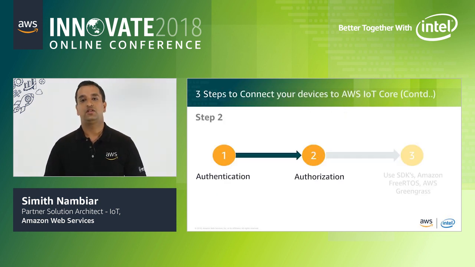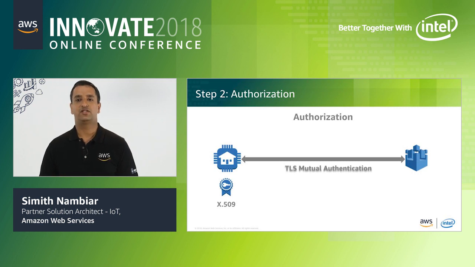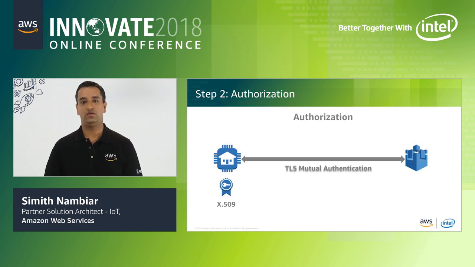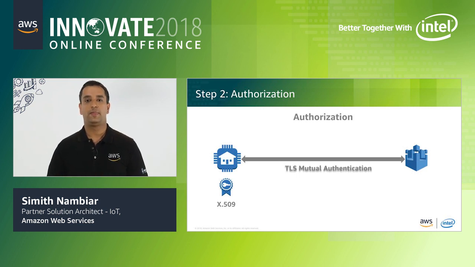The next step is authorization. Once the thing or device has authenticated, it has essentially proved its identity to the AWS IoT platform. Now, a TLS secure transport has been established in the process. The next step would be to use MQTT to connect to the AWS IoT Core over the secure transport.